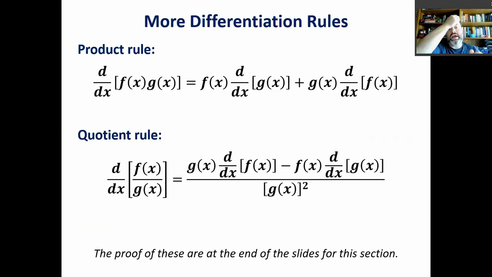Here's some more rules. Again, the proofs are at the end of the slides, so I'm going to go over these rules just so you understand them. So this product rule and quotient rule, you're going to use both of these every single day in this class, pretty much. So if you have a product of two functions, the derivative is the first function times the derivative of the second, plus the second function times the derivative of the first.